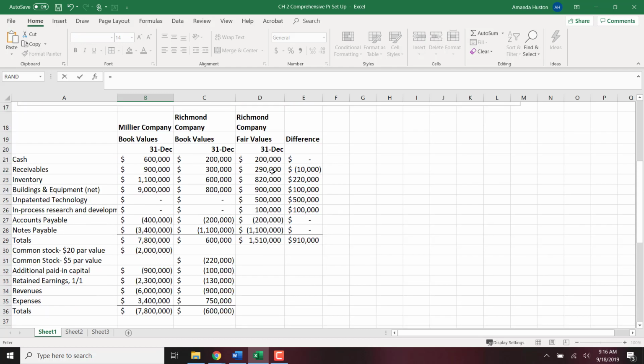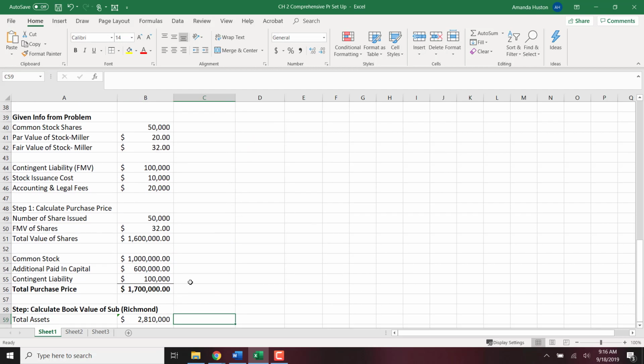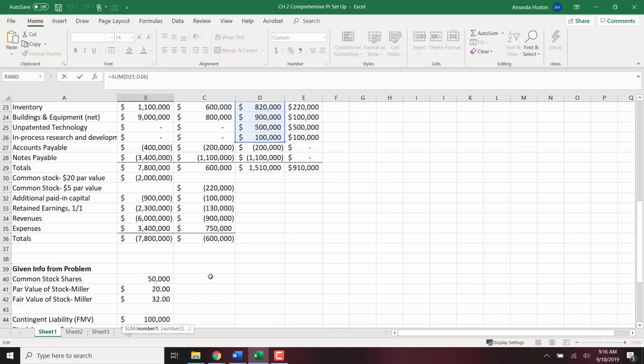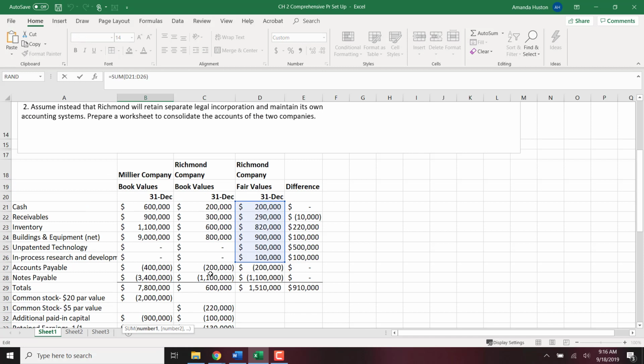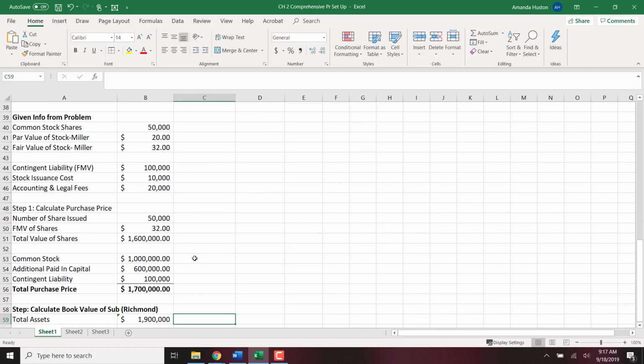So our total assets equals the sum of all of the assets listed up here. Right there. Oh, so that's fair value. Sorry. Equals sum book value of Richmond right there.